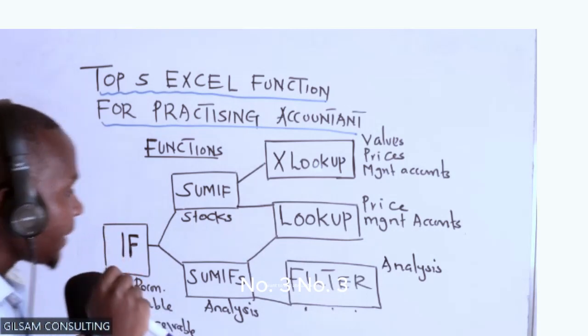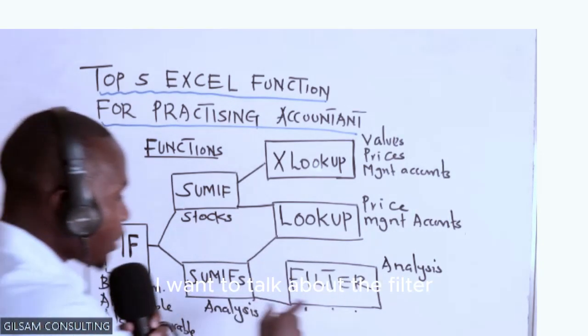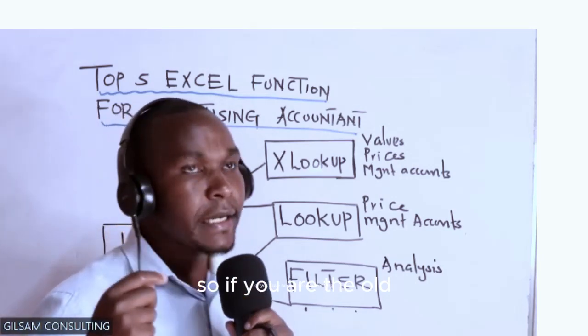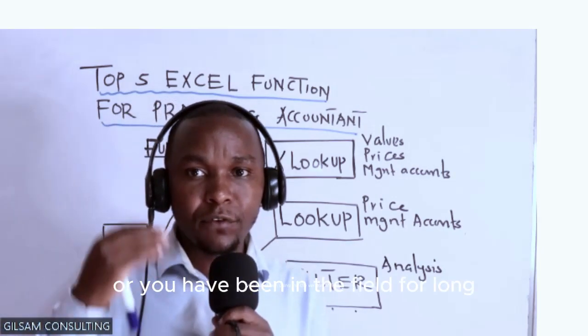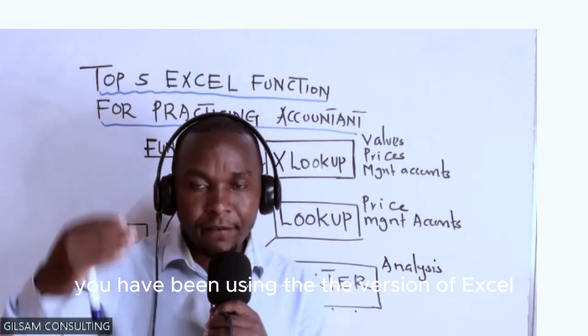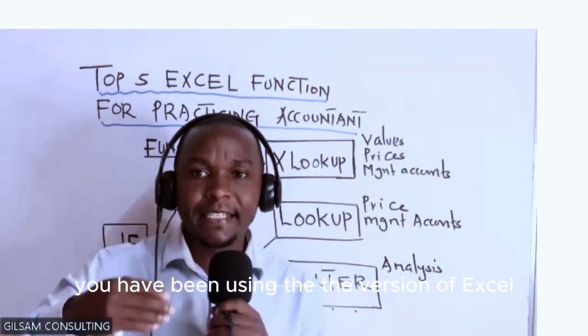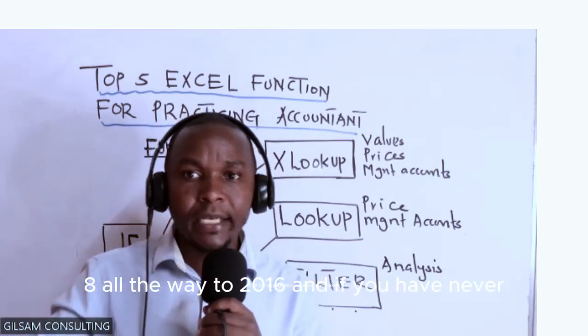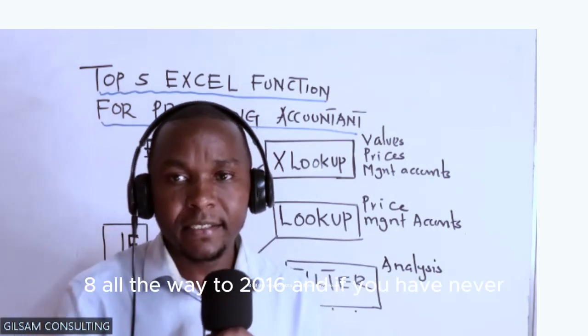Number 3, I want to talk about the filter. If you have been in the field for long, you have been using different versions of Excel, from 2007, 2008, all the way to 2016.